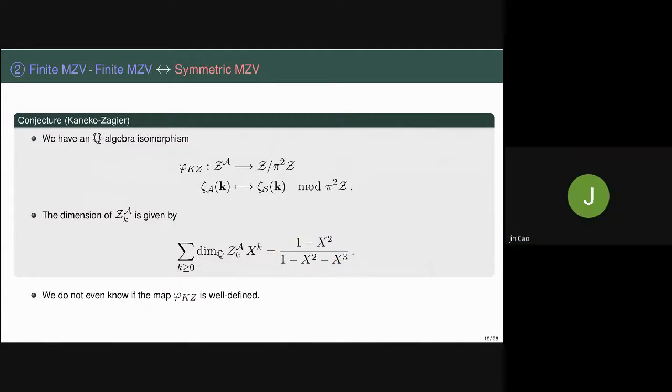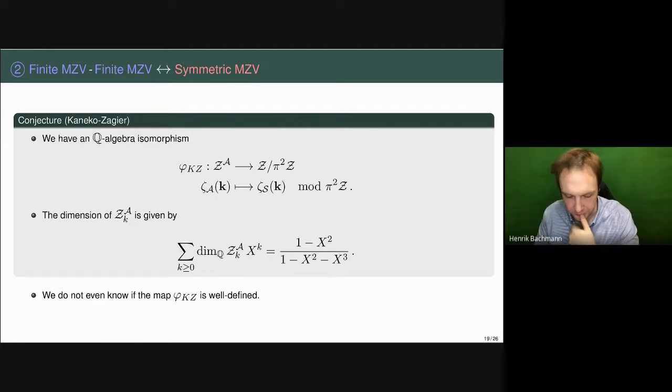In the other case, Terasoma and others already showed this is an upper bound. Yes. So for this space, we certainly would have this. But for this one, I think no, but I'm not sure. This is a really good question. Thank you.